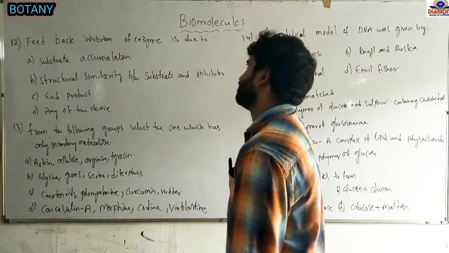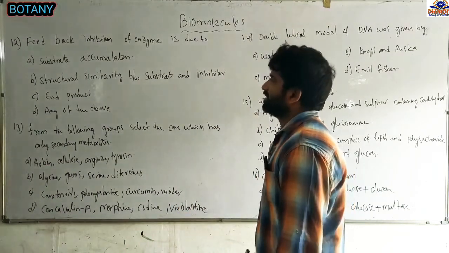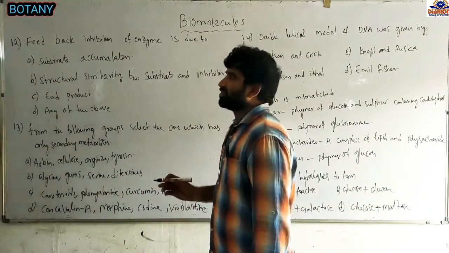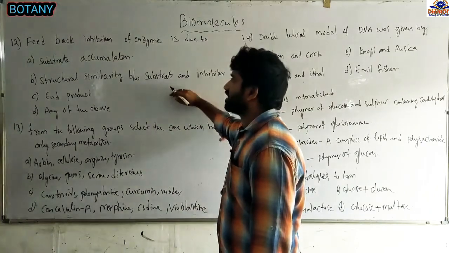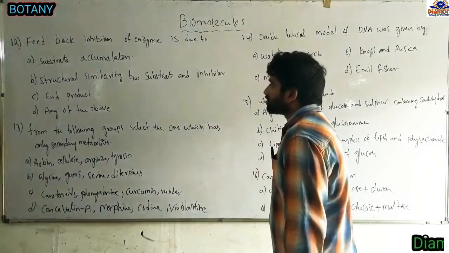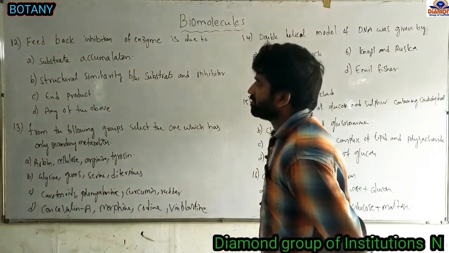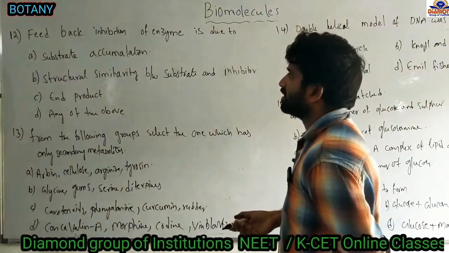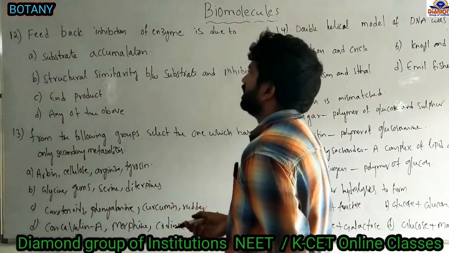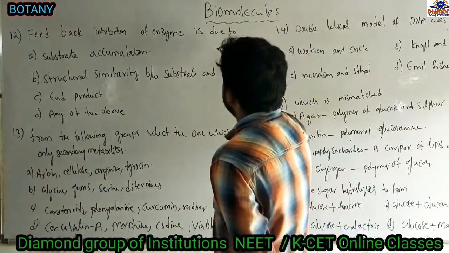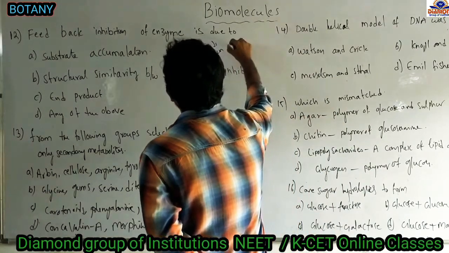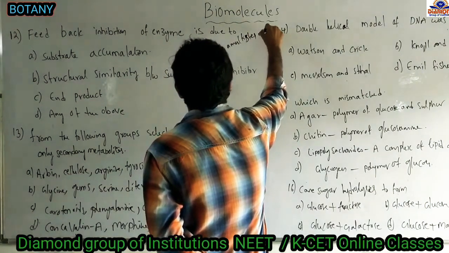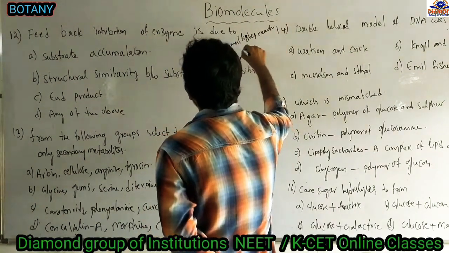Feedback inhibition of enzyme is due to. Now here, it is also one type of inhibition of enzyme action. In enzyme actions we discuss competitive inhibition, non-competitive inhibition, and feedback inhibition. Feedback inhibition means that in a multi-step reaction, end products bind the first enzyme.